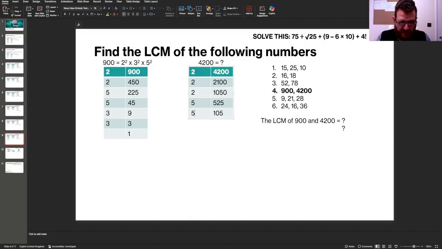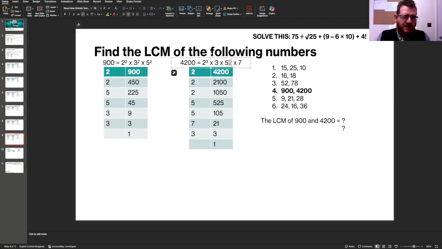And another 5, which gives you 21. And then you've got a 7 for 3, and then 3 for 1. Let me just tidy this up. So you've got 2 cubed times 3 times 5 squared times 7. Let me superscript the 3 and the 2.